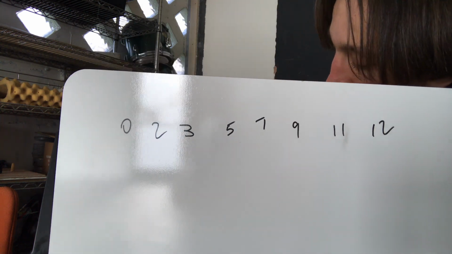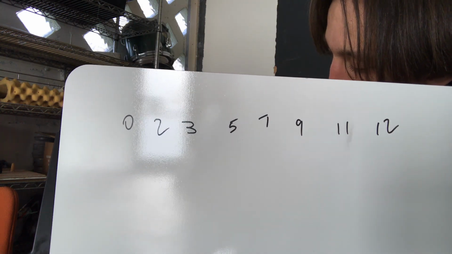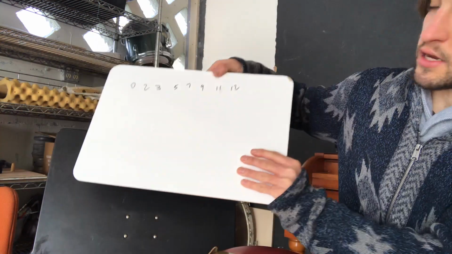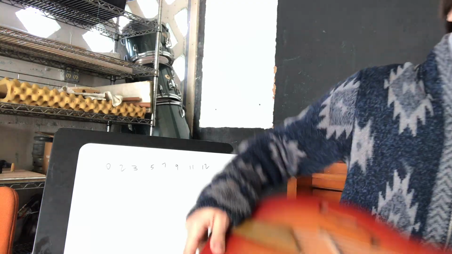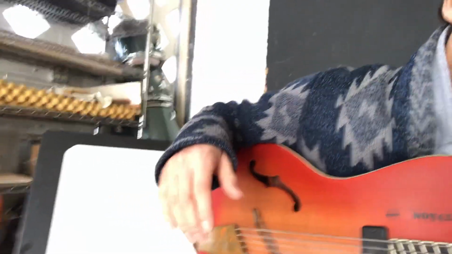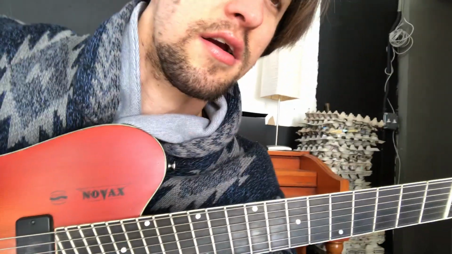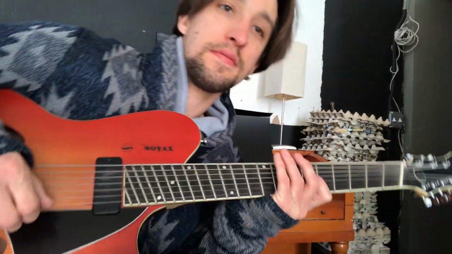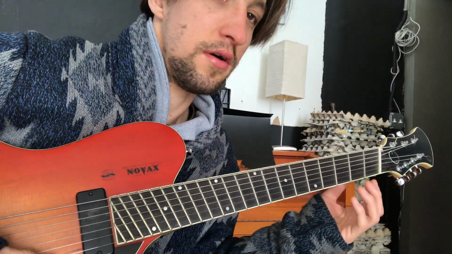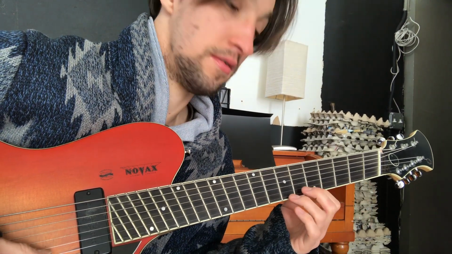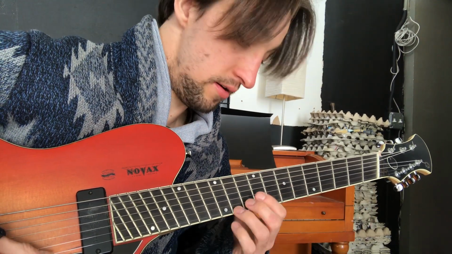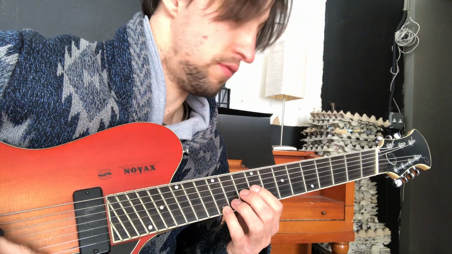And now, with our new fret formula, we have changed from the major scale to what has been commonly referred to as the melodic minor scale. So say I take that new fret formula and I play open, 2, 3, 5, 7, 9, 11, 12.